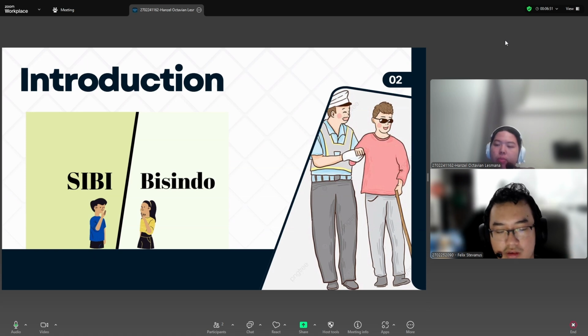Bisindo, however, is a more informal but more natural and expressive language. Since there are communication barriers, we decided to make an AI-based sign language recognition system using CNN for Bisindo to help us understand sign language better. Recent studies using CNN for Bisindo achieved up to 97.5% accuracy, proving CNN's effectiveness in image recognition.